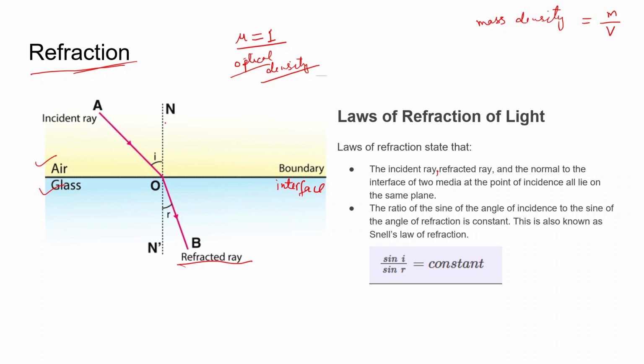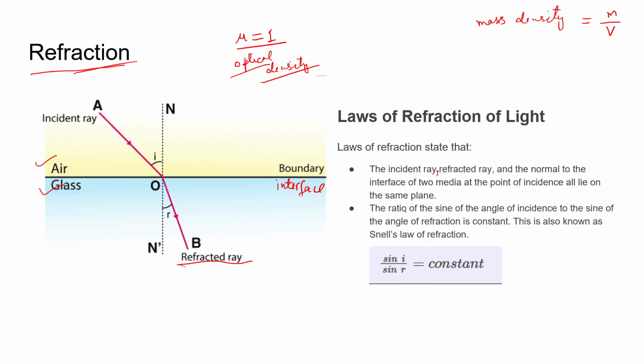At this interface we consider an imaginary normal, because the angle of incidence is always measured from this normal, and this normal, the incident ray and the refracted ray all lie in the same plane. This is the first law.